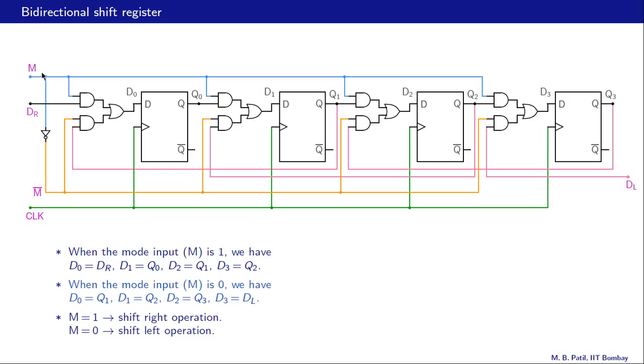Let us take M equal to 1 first. In that case, what happens is this M bar is 0, and the output of this AND gate is 0, and essentially D is then the same as this input here, and similarly this D is the same as this input, etc. And then you will notice that we have exactly the same connection that we saw in the earlier example, and that is the shift right operation.